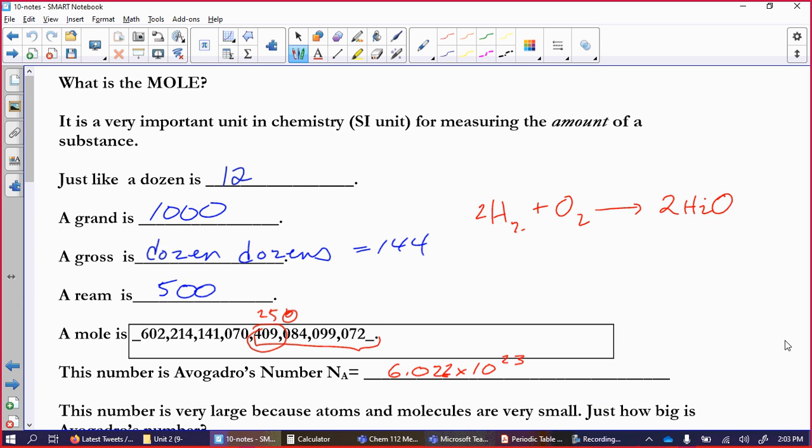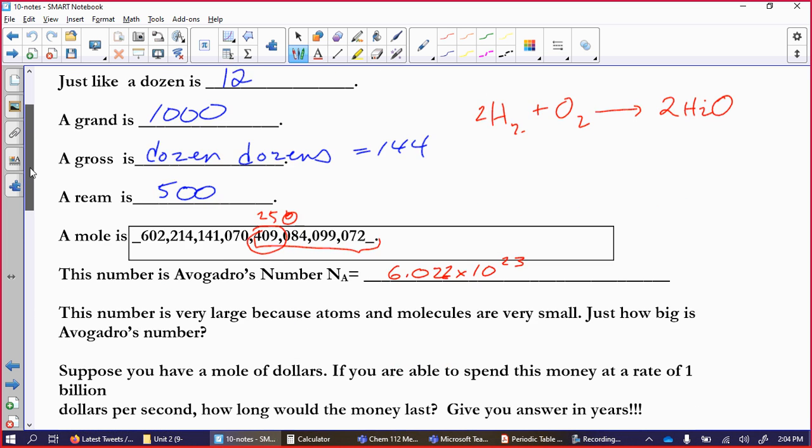It's just a way to get to quantities that we can actually use physically, because you can't do things on an atom. I can't do things on an atom of carbon, but I can do things on 12 grams of carbon. That's a reasonable number.